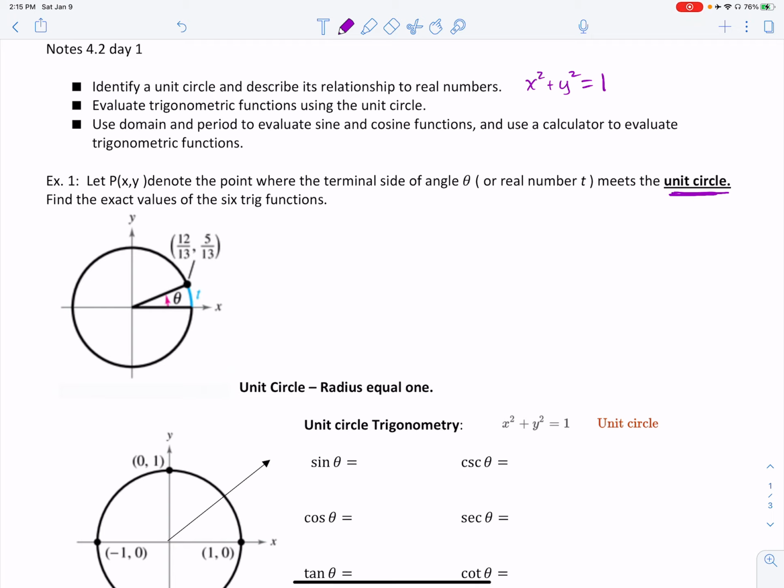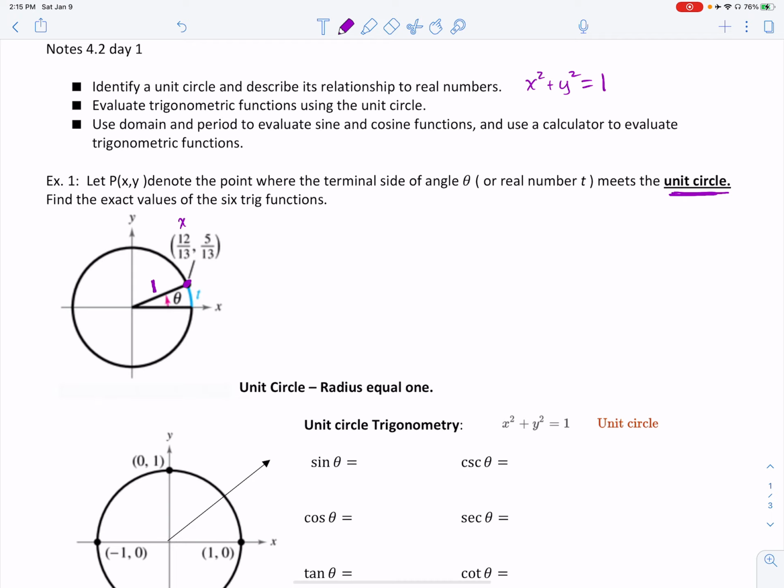We have let P, which is a point in the Cartesian coordinate system, where the terminal side of the angle theta meets the unit circle. So here's that terminal side, the point of intersection of that terminal side. And we're saying this is on the unit circle. So that means that automatically this hypotenuse is 1.